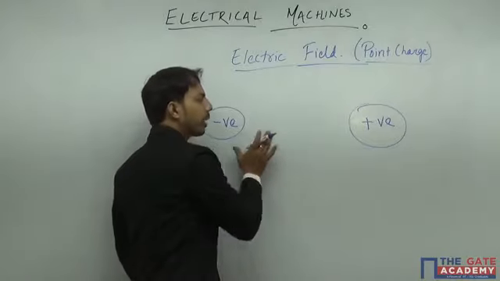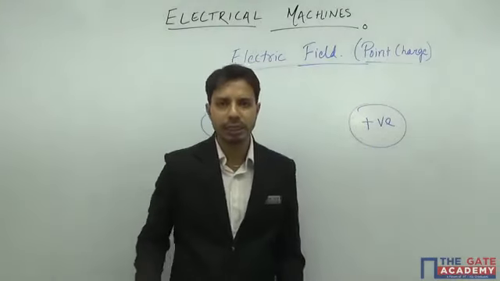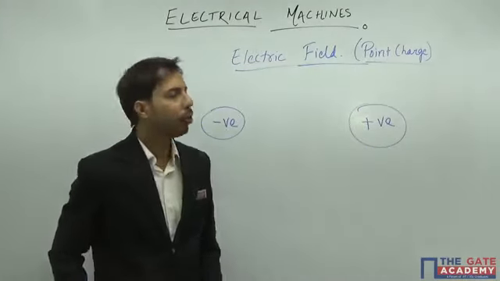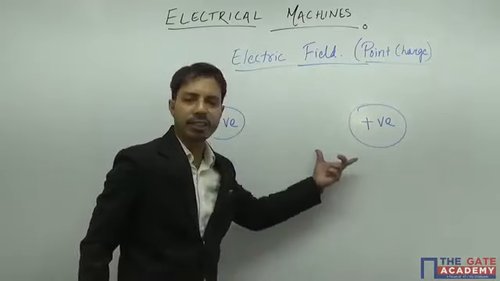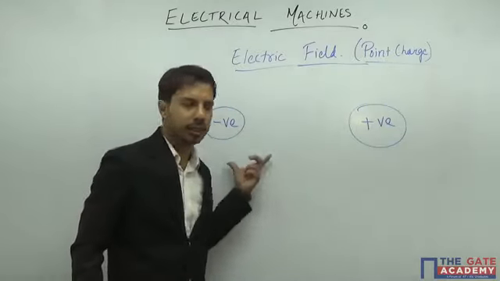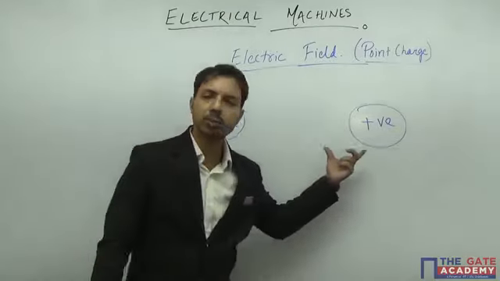Now if these two are kept in front of each other, we know that they are going to attract each other, since this is negatively charged and this is positively charged.